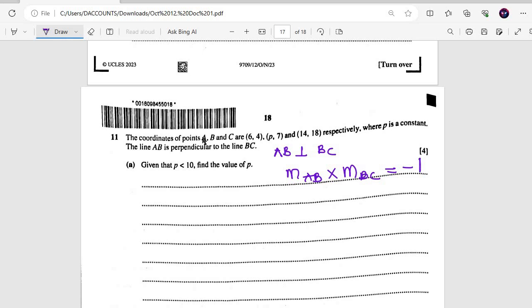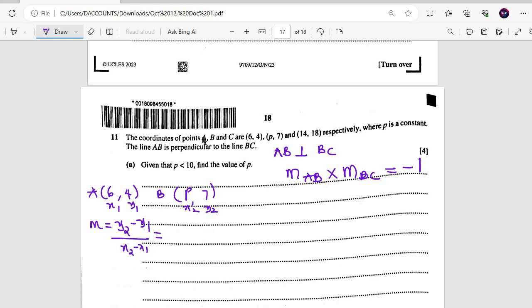So A is (6, 4), x1, y1, and B is (P, 7), x2, y2. Let's find the gradient. Gradient is change in y over change in x.